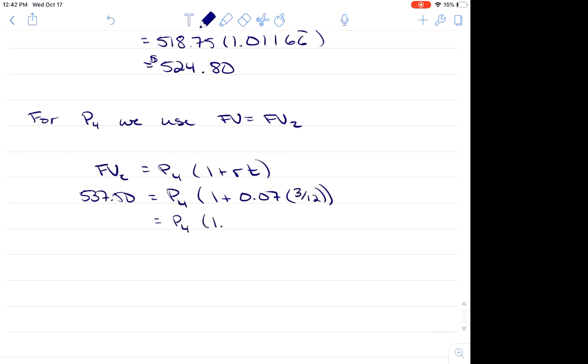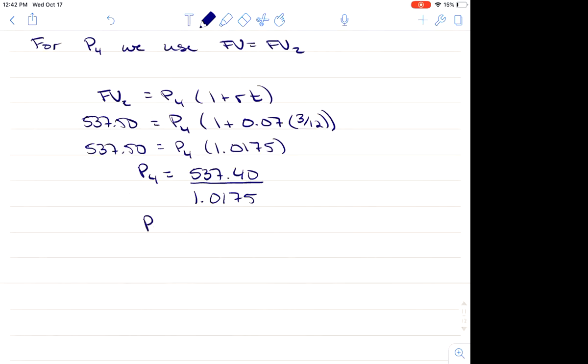P4 times 1.0175. So P4 must be 537.40 divided by 1.0175. P4 must be 528.16.